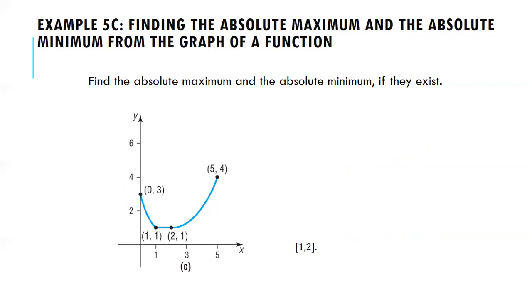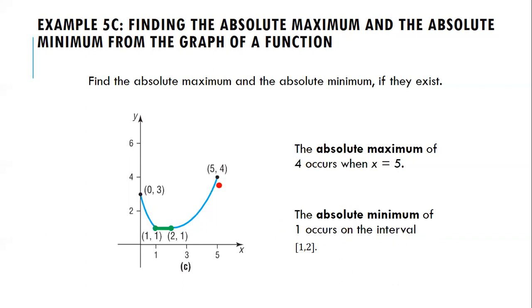Okay, let's try another one. What is my absolute maximum? Good job. What is my absolute minimum? Now notice how I wrote it as an interval. That's because it's 1 all the way across. It is 1 from 1 to 2.